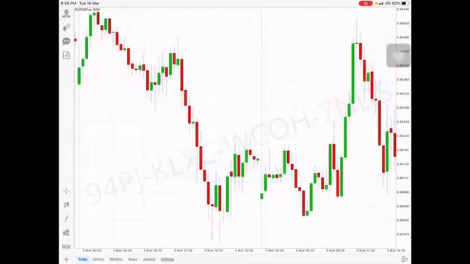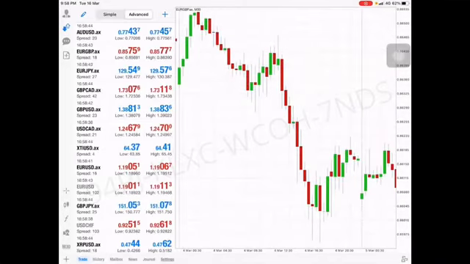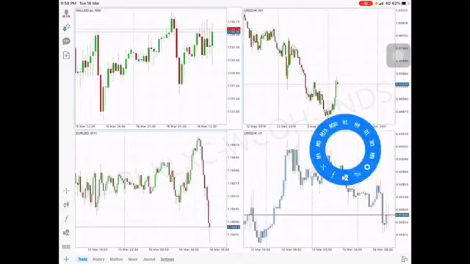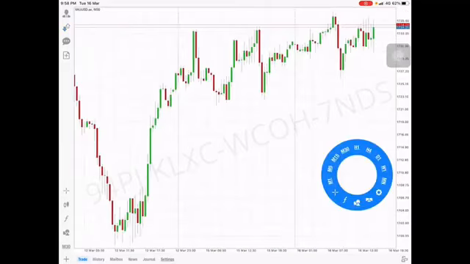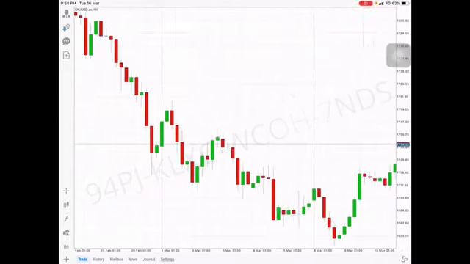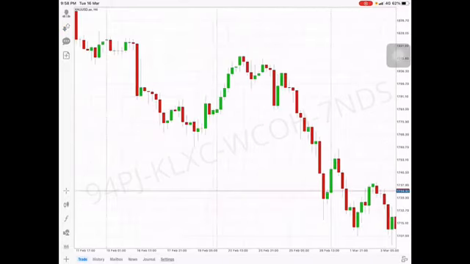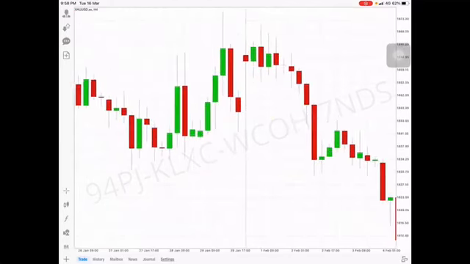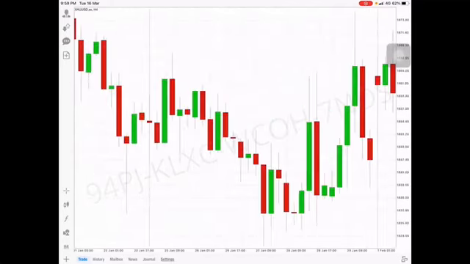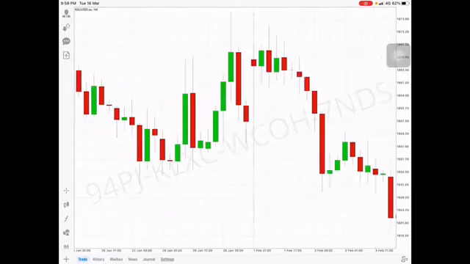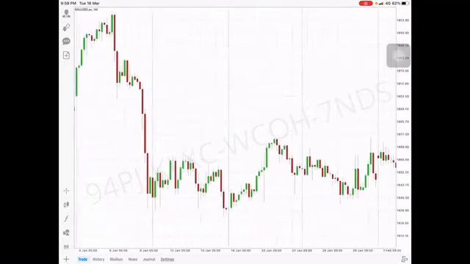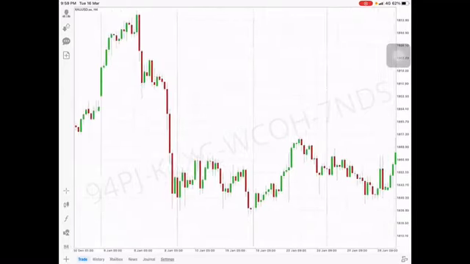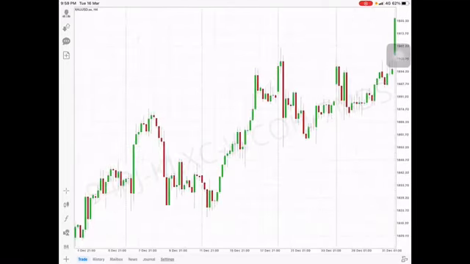Okay, so let's see. I'm going to use the gold chart because I'm used to gold. It's easier for me to use and easier for me to show you examples. So for example, if you have, let me try to find one. Okay, I'm going to go to H1.